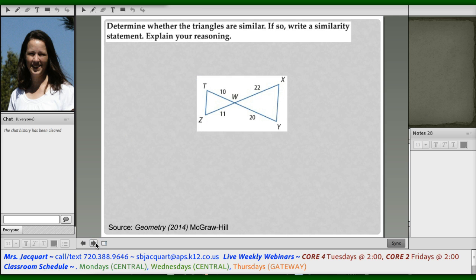There you go. Oh, we got one more, I think. Are these two similar? Well, we know those two angles are the same because vertical angles are congruent. So then what we need to do is we need to take the ratio of the blue and see if it equals the ratio of the green.